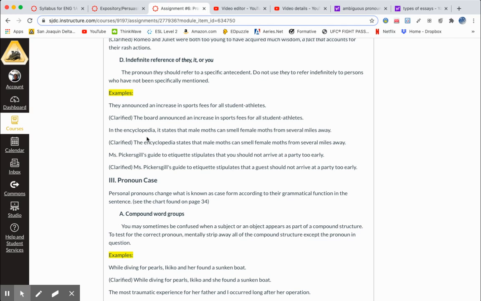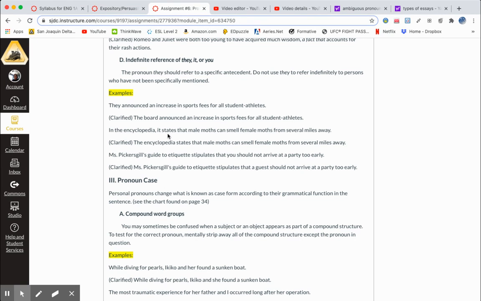Here's another example: "In the encyclopedia, it states that the male moths can smell female moths from several miles away." Now, this is a mistake that's made very frequently by writers. This type of mistake is where we're rephrasing the subject by using the pronoun it: "In the encyclopedia, it states."